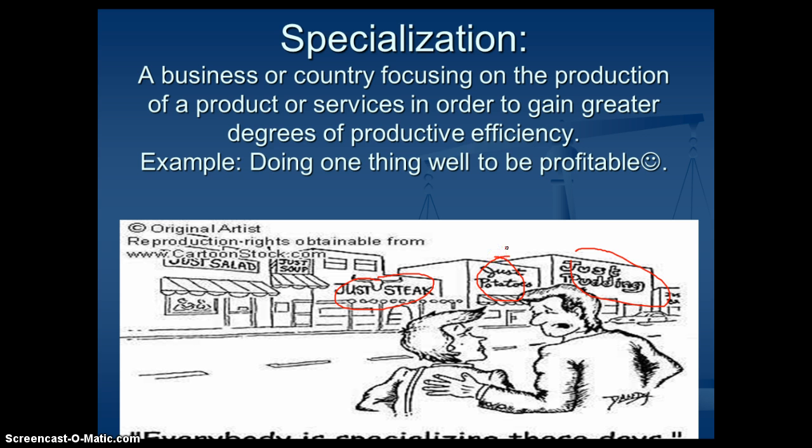Well, you see Mexican restaurants doing this. They're specializing in one type of food so that they can do something very, very well. They can be the best Mexican restaurant. If they try to cook hamburgers, hot dogs, Mexican, Italian, you tend not to be as good.